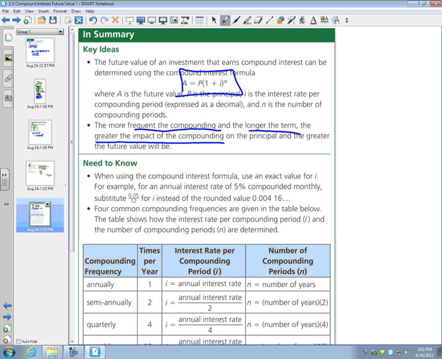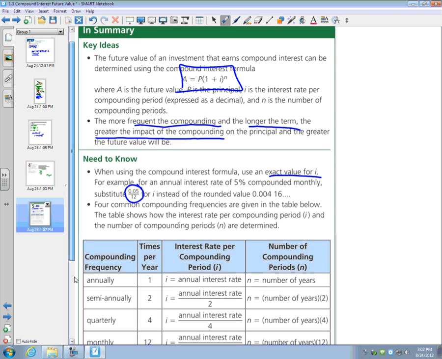So if you could compound daily and for a very long time, you're going to have more money than just compounding yearly, right? Because if you compound it daily, that's 365 times that you've got to make your interest contribute to your interest. Okay, we always want to use an exact value for i. Always sub it in as a fraction instead of a rounded value.